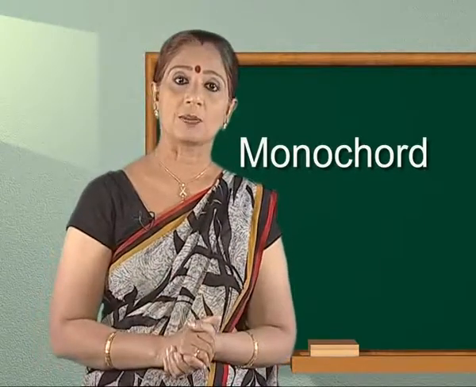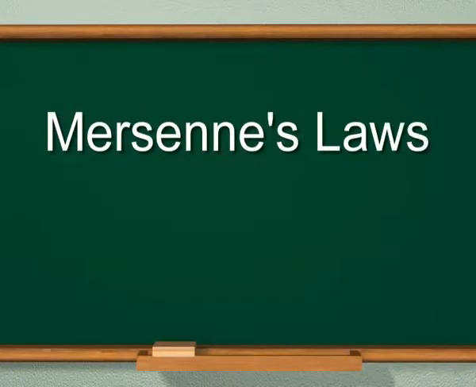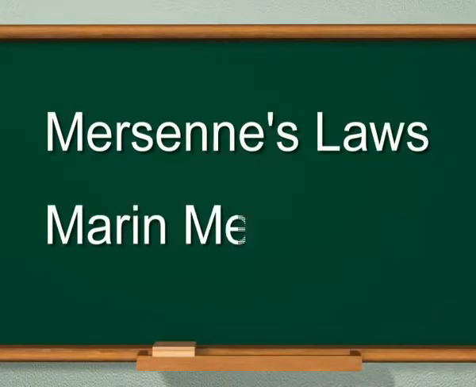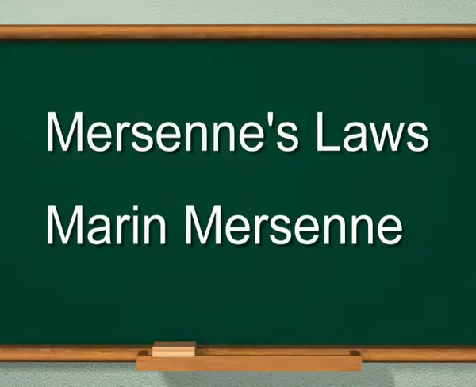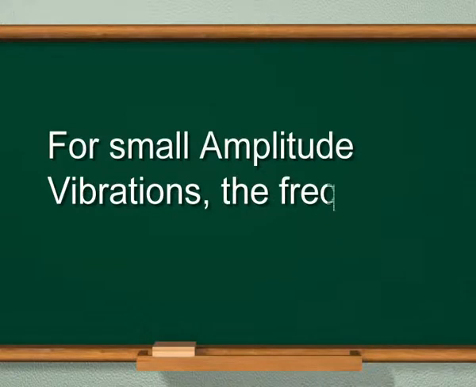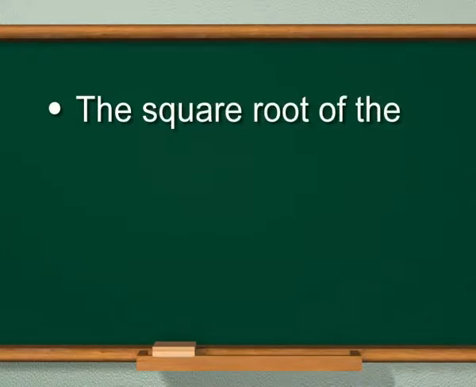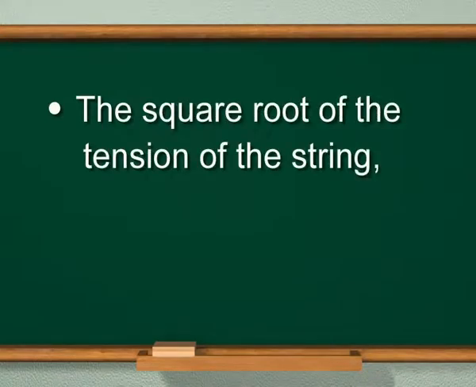These relationships are usually called Mersenne laws after Marin Mersenne, who investigated and explained them. He found that for small amplitude vibrations, the frequency is proportional to the square root of the tension of the string.